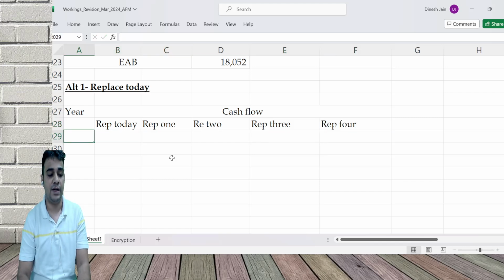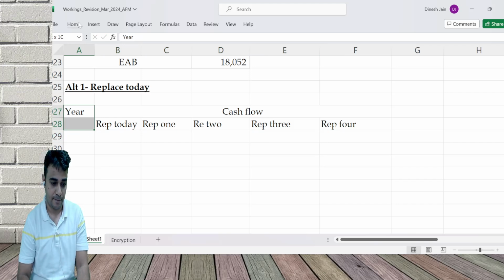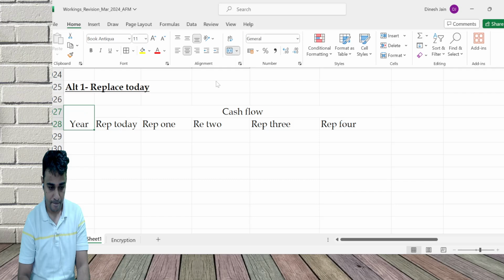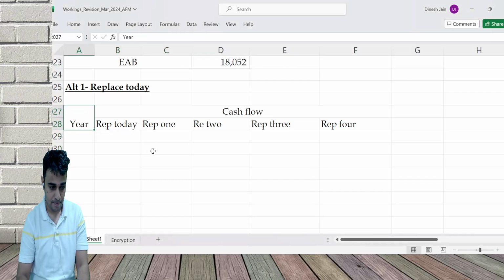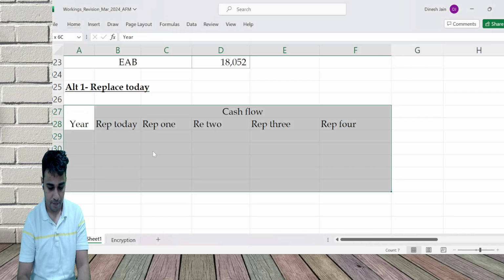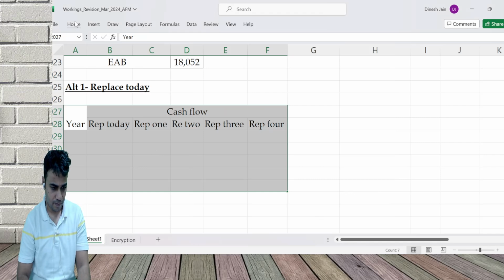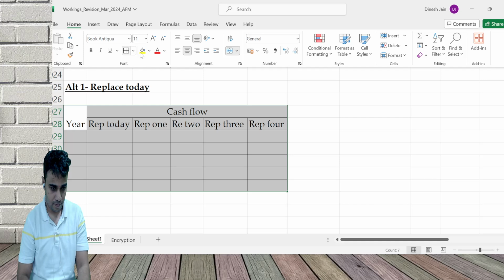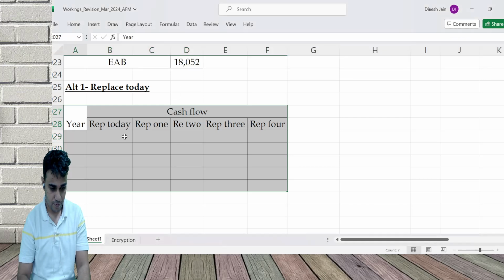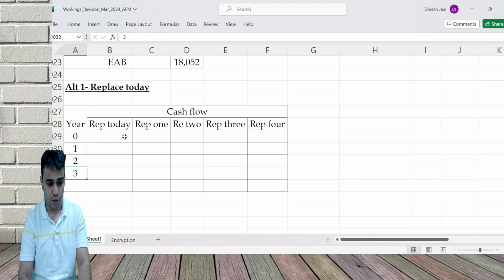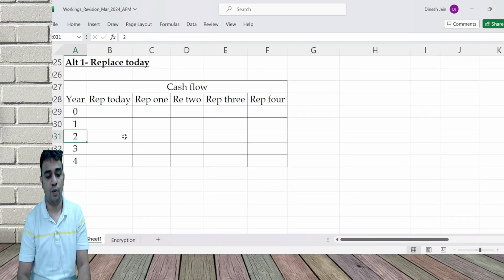Discounting, I'll show you the answer. Cash flow is what we'll focus on. Year 0, 1, 2, 3, 4.